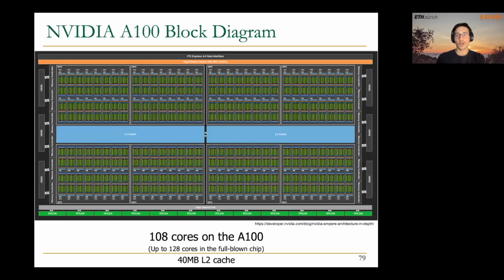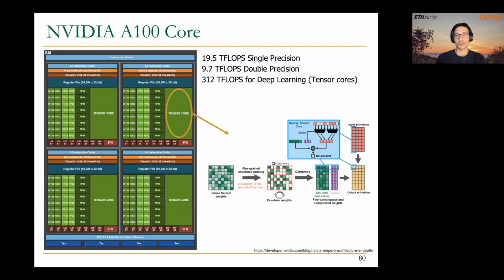At the end of the course, hopefully you will understand very well the architecture of this NVIDIA A100 GPU, and also how to program and optimize code for it. And we will talk in more detail about the GPU course as well.